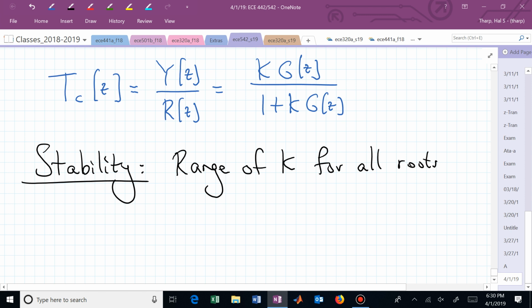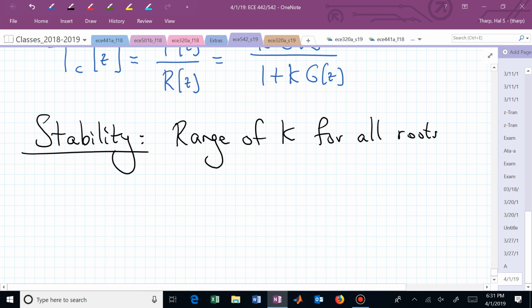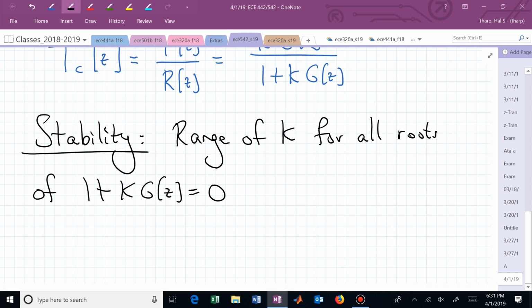Is there a location on that knob k as you adjust it from 0 to infinity that might stabilize the system and maybe even give us a range of values? So we have a range of k for all roots of the closed loop polynomial giving rise to a closed loop characteristic equation. We want the roots of that, all values of z, to lie inside the unit circle.